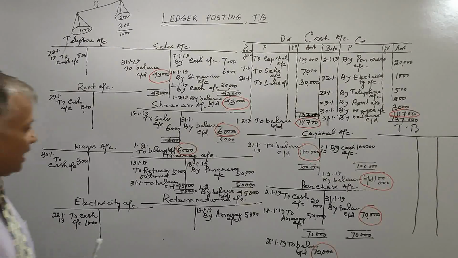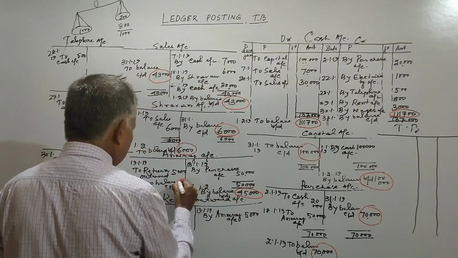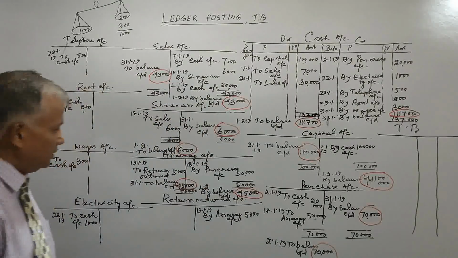So in the Anurag account, the balancing is 45,000, here also 45,000.